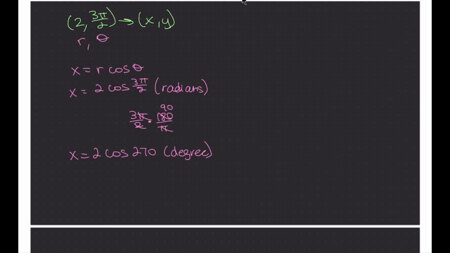What's the cosine of 270? Zero. So my x is going to equal 0.